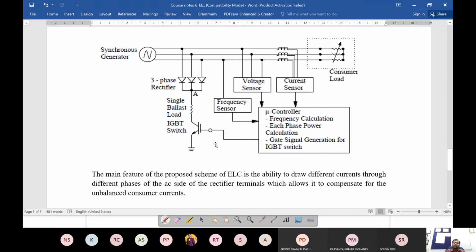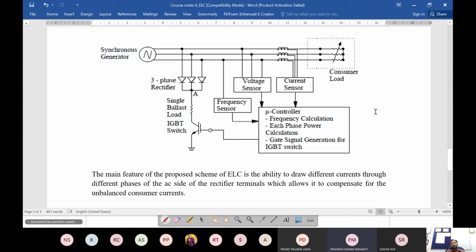We are changing the overall power, right. Very correct. So how much power you need to make flow through the dummy load is controlled by the current, the firing pulses of these three-phase rectifiers. So with only one ballast load also, this can have a range of dummy load operations.